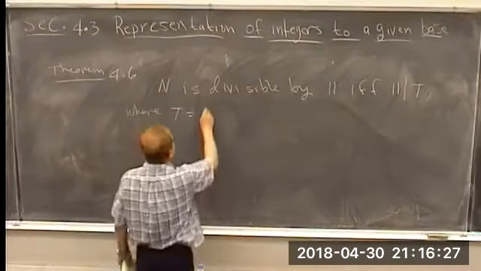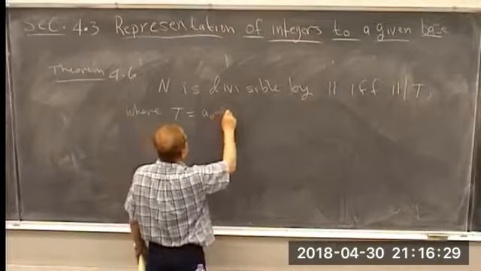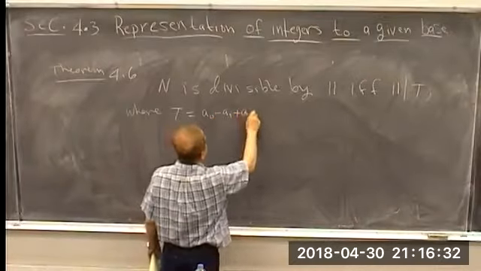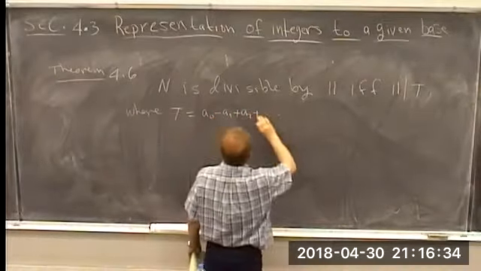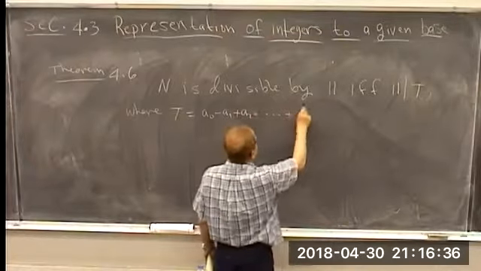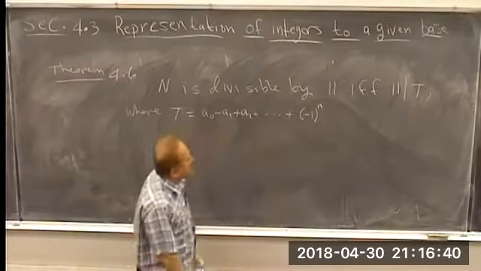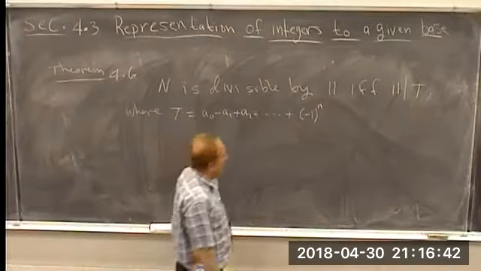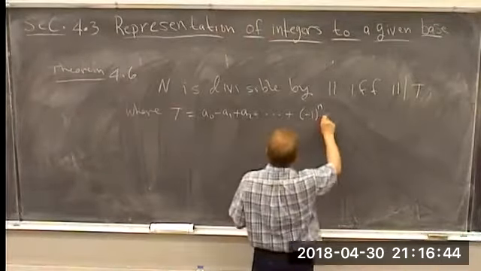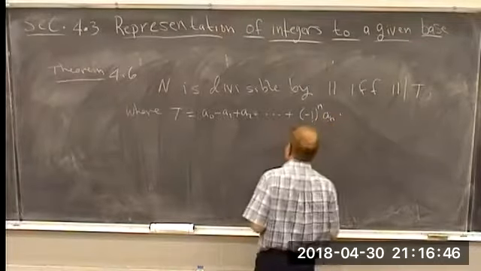So we start with a sub 0 minus a sub 1 plus a sub 2, and so on, and the last one is going to be minus a sub n, where this is the first digit to the left of a sub n.